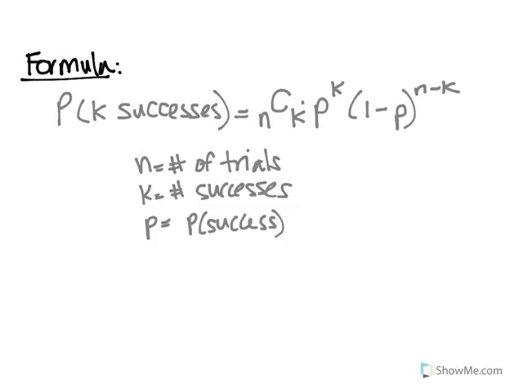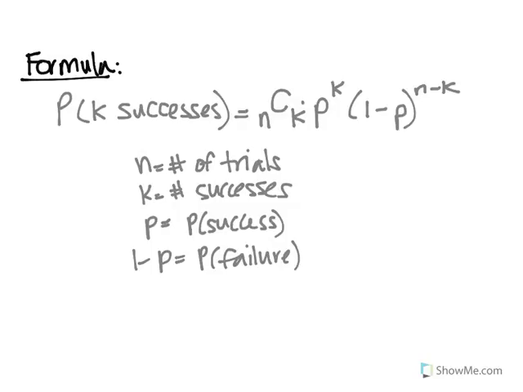p is the probability of a success. If you had beans in a bag with 2/3 of them red and a third not red, you'd have a 2/3 chance of drawing a red, which would be a success. That is the probability of success. And 1 minus p is the probability of a failure, so you just take the complement of the success.